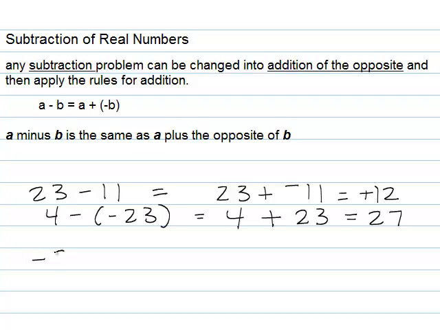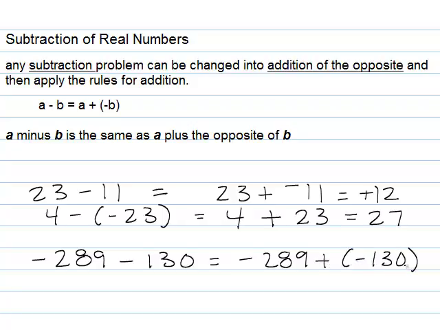All right, how about negative 289 minus 130? Okay, this is the same as negative 289 plus a negative 130. These two have the same sign, so when we have two of the same sign, we combine the absolute values and then we apply the common sign.